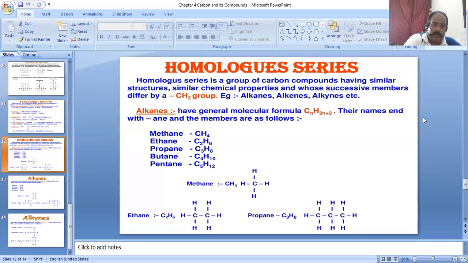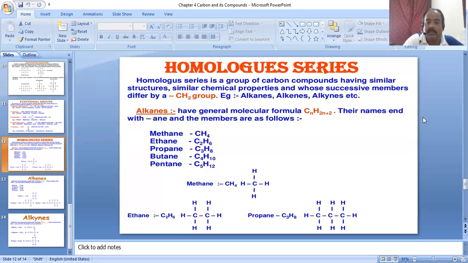In case we miss the chemical formula of the second, third, fourth, or fifth member, there is a simple trick: at every step you increase one carbon and two hydrogens.